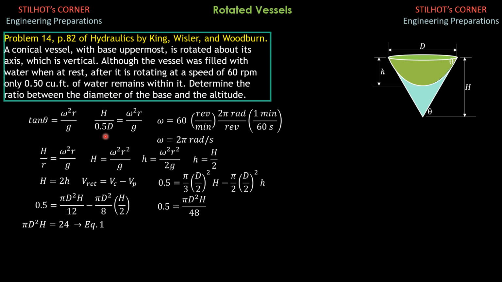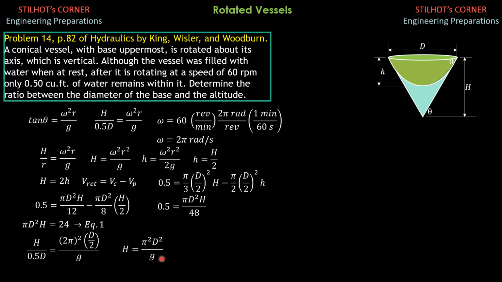Then let's proceed to this ratio here, and we substitute omega equals 2 pi. So H over 0.5 D equals quantity 2 pi squared times r, which is diameter over 2, over g. Simplifying, H is pi squared diameter squared over g.